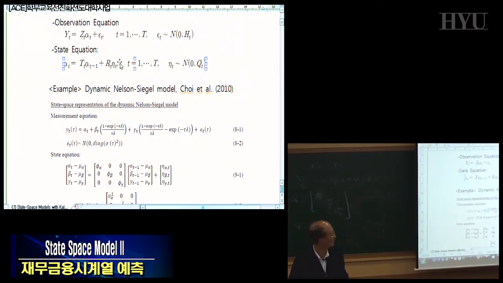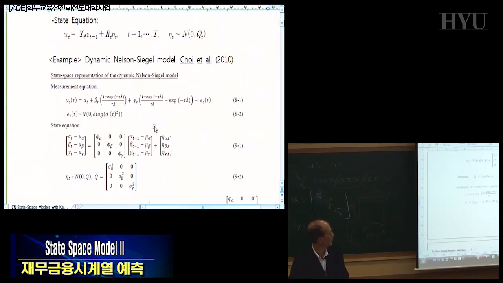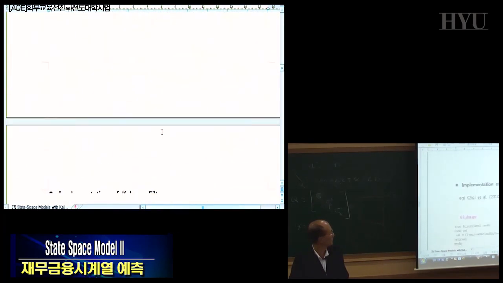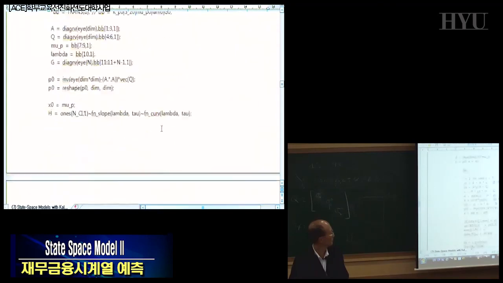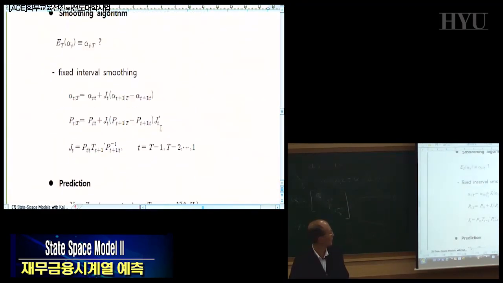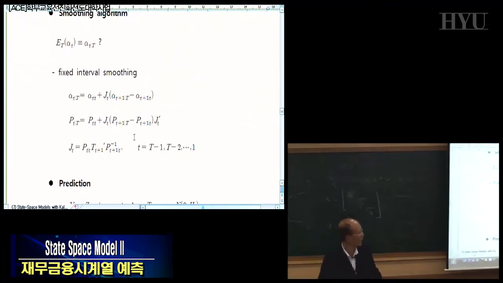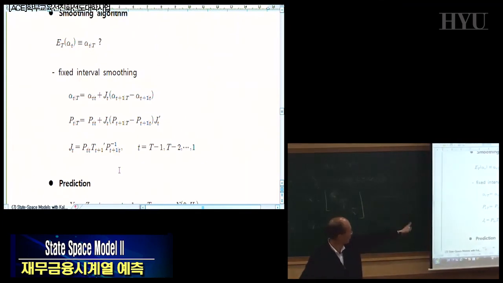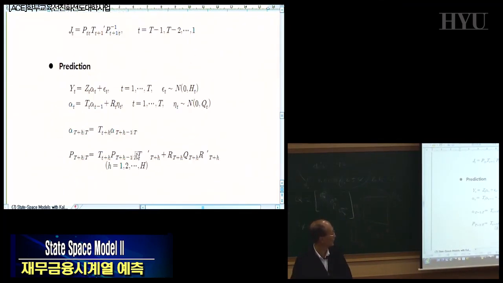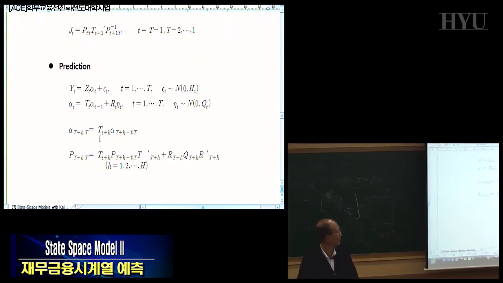Okay? So we'll get to that part. Actually, this is a smoothing algorithm. So the last block of code is this one. You can recursively predict this value.